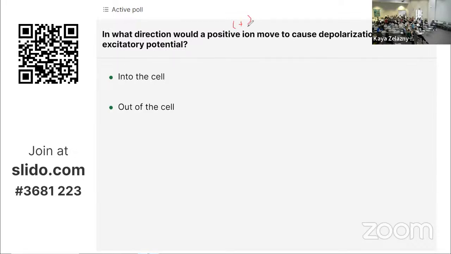If I'm observing a depolarization, an excitatory potential, an excitatory reaction, what direction did I move my ion? We had a positive ion, sodium or potassium, move into or out of the cell to change that membrane potential. Which of these is going to be responsible for causing the depolarization and the excitation?